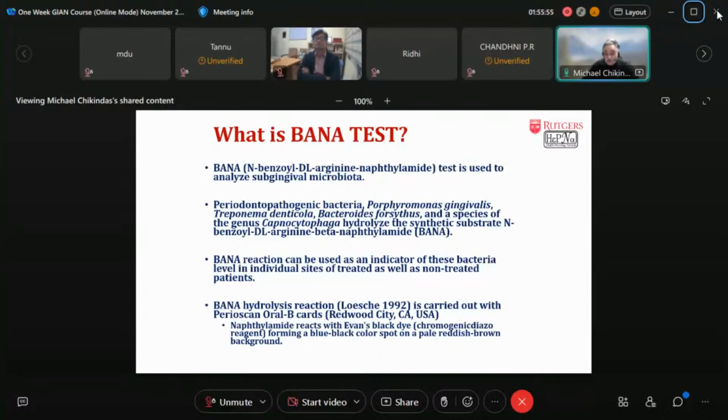The reaction is carried out with commercially produced test cards, and the naphthylamide reacts with the dye, forming blue-black color spots on a pale reddish-brown background.